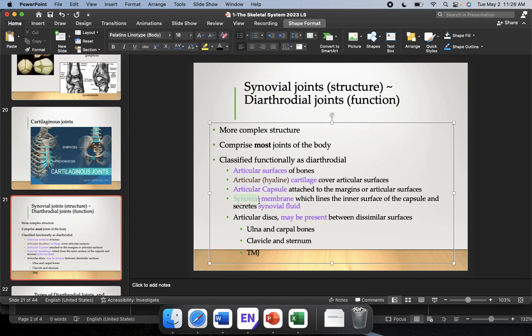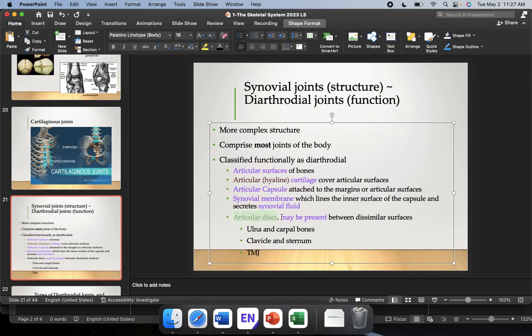That synovial membrane will secrete synovial fluid, which allows for more movement and lubrication of movement. It's typically in a synovial joint that we're going to find ligaments. We'll also typically have a concave and a convex bony surface inside of a synovial joint.